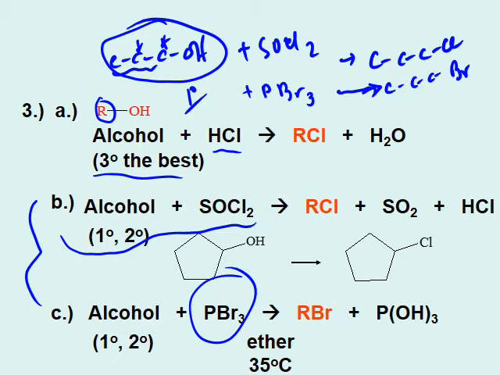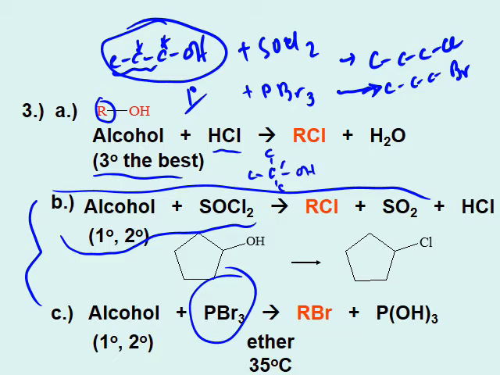If I have a 3 degree alcohol, you can simply use HCl for chloride, HBr for bromide, HI for iodide. Now let me show you one example of a 3 degree alcohol. Remember, for 3 degree, the carbon must be bonded to 3 other carbons. So this is a 3 degree alcohol.